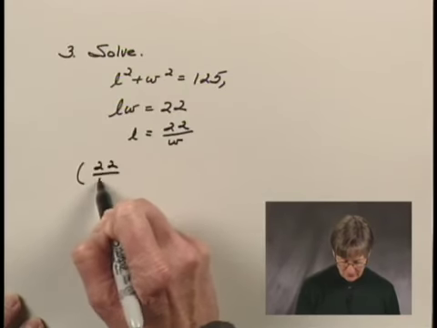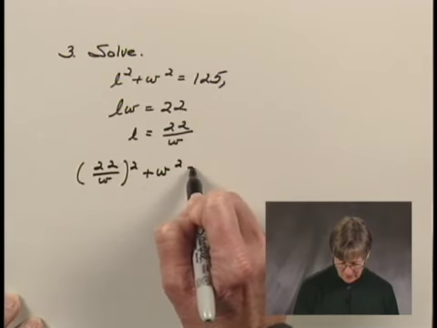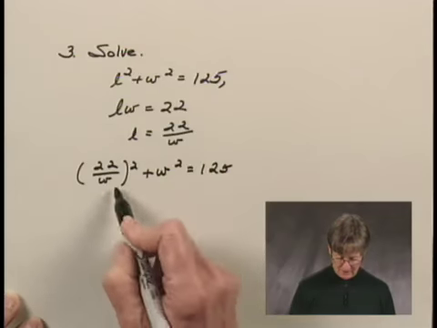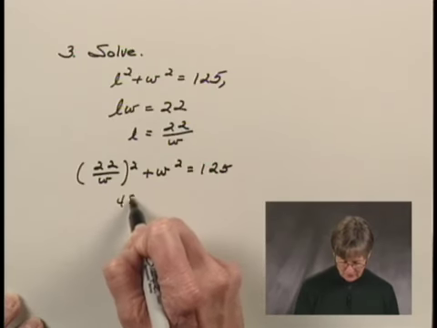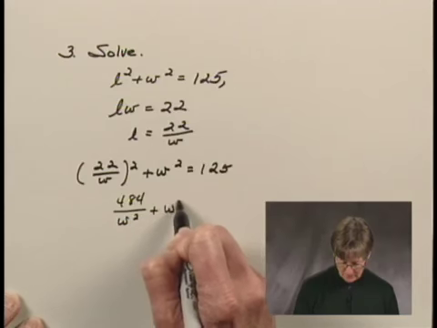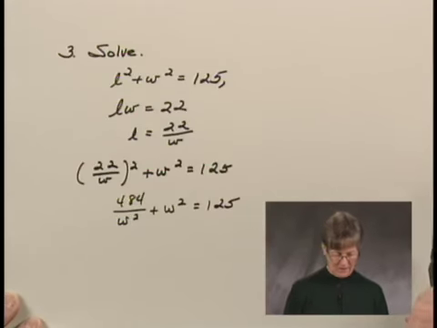I have (22 over W) squared plus W squared is equal to 125. When I square this, I get 484 over W squared plus W squared is equal to 125.